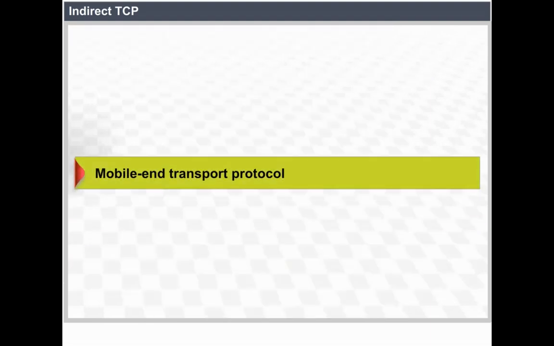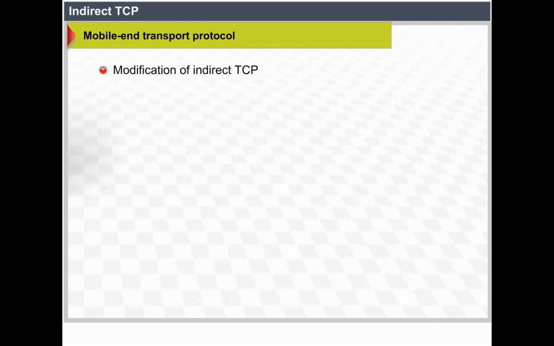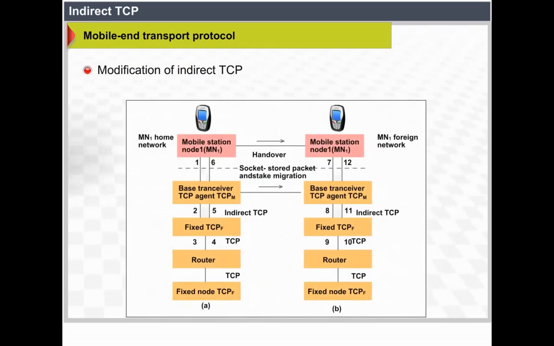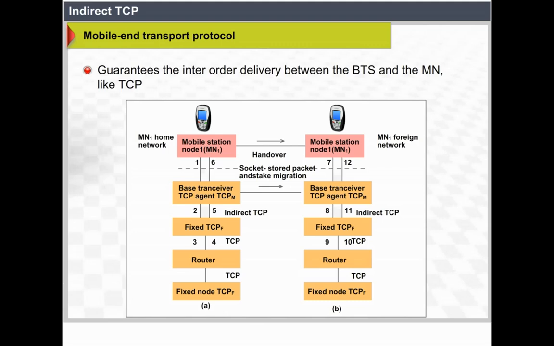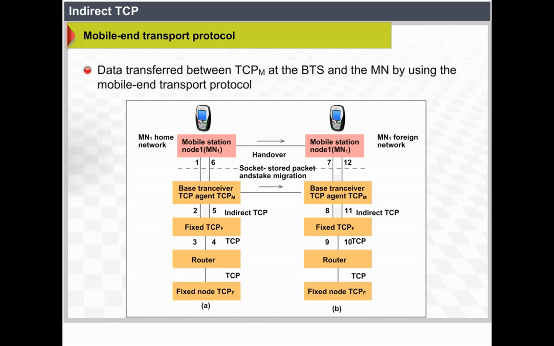Mobile End Transport Protocol. This modification of indirect TCP guarantees in-order delivery between the BTS and the MN like TCP. Data is transferred between TCP-M at the BTS and the MN by using the Mobile End Transport Protocol.